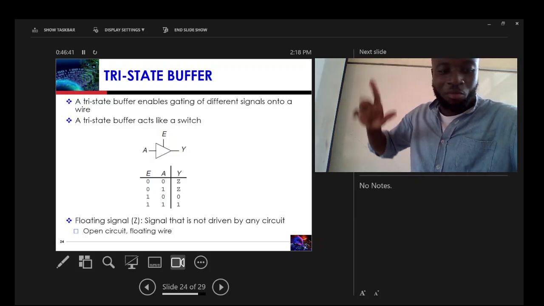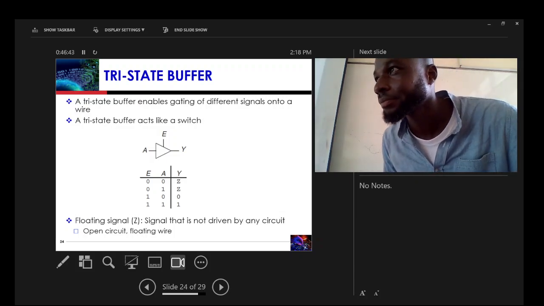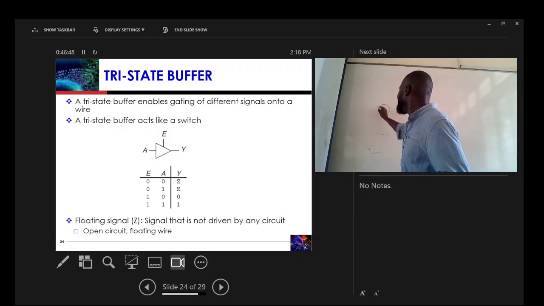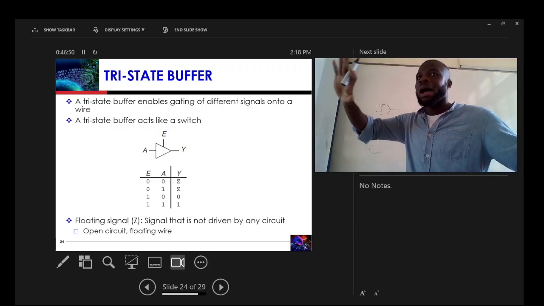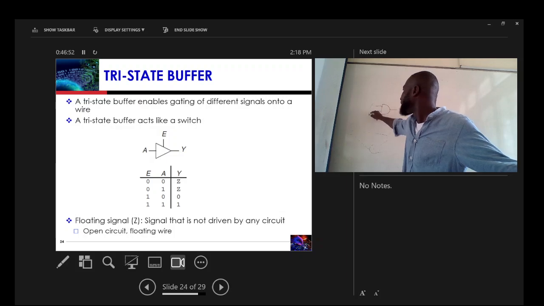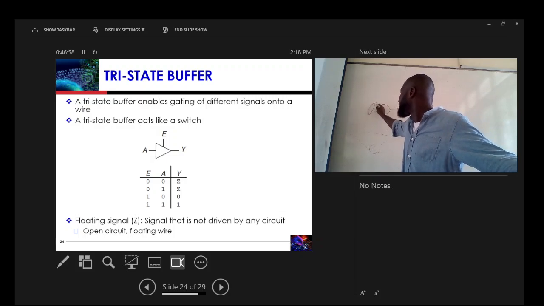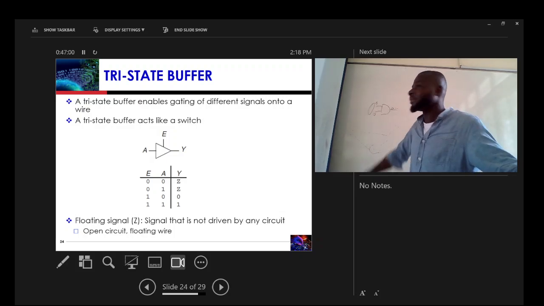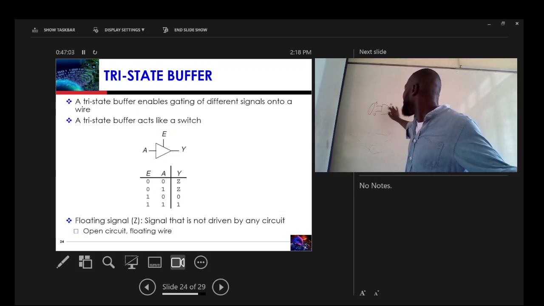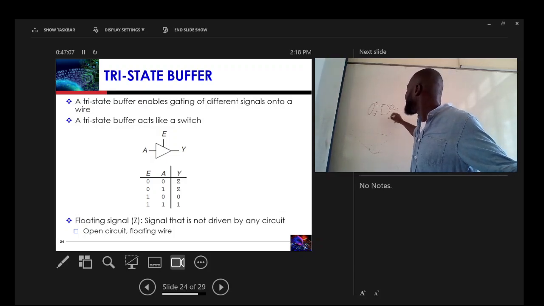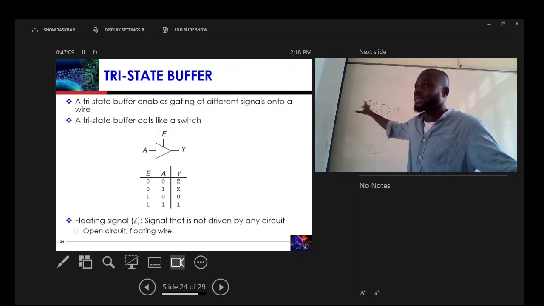The most important thing is that for all the gates, if I take an AND gate, as long as I give it an input, I get an output. If I give it 0, 0, automatically the output is 0. So the output of all the gates we have looked at is either 0 or 1 based on the input.